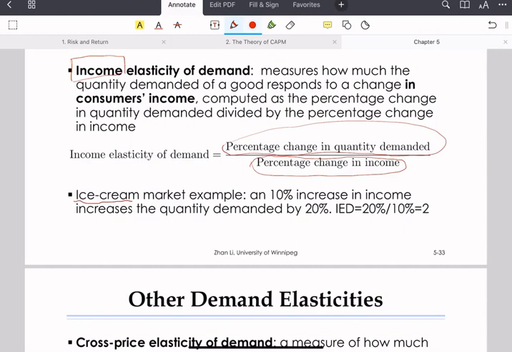You cannot force income elasticity of demand to be positive, because the sign tells us whether this consumption good is inferior or normal. So you have to be careful when you're calculating income elasticity.